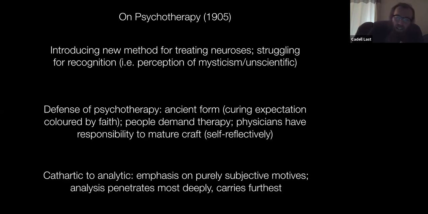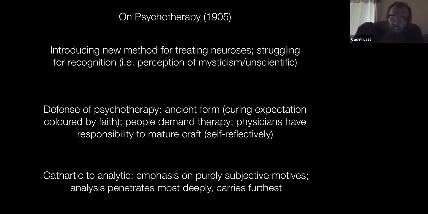He also defends psychotherapy not because he is proposing this psychotherapy, but because he says people demand therapy, and that we merely as physicians need to maturely say, if people are demanding therapy, we have the responsibility to mature the craft, to become self-reflective.